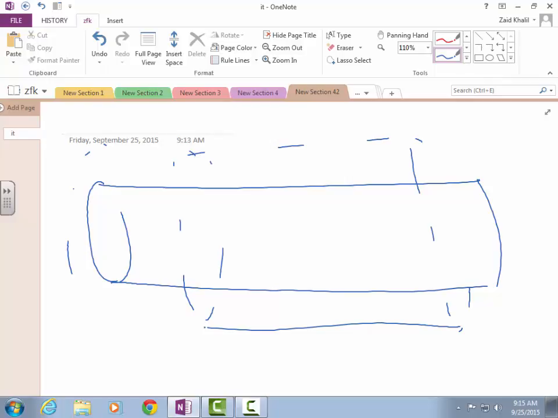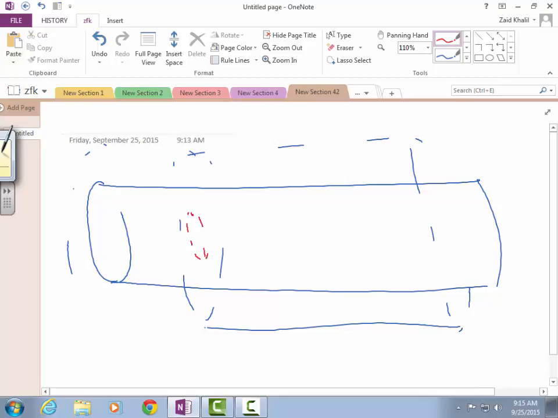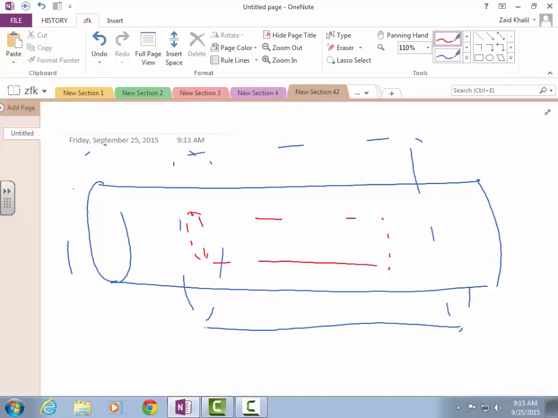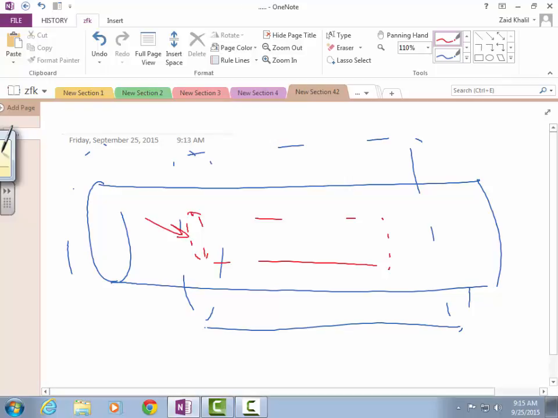Yes, but if you wanted to find the field inside, you would make a Gaussian surface inside. It would have to keep cylindrical symmetry. You need that cylindrical symmetry. You wouldn't use spherical symmetry for a line. So for inside, you make a Gaussian surface inside. For outside, you make a Gaussian surface outside.